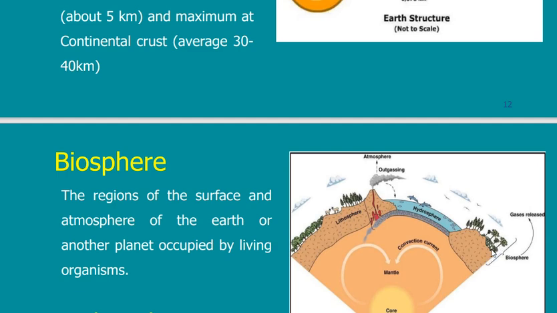So the biosphere points at the top portion of the crust plus maybe some of the atmosphere, because in the atmosphere you find birds, you find living organisms. But of course, we don't have living organisms above the ozone layer. Why don't we have living organisms above the ozone layer?